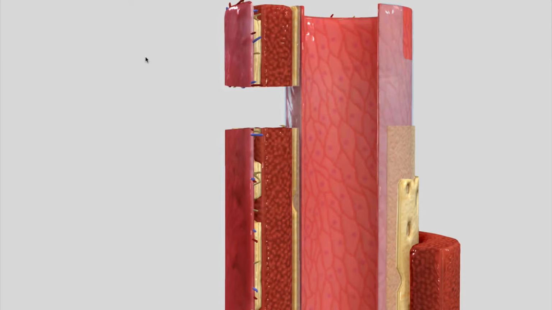tissues of the brain, and that has its consequences because, one, it creates a lot of pressure in the brain, which is bad, and two, less blood will go to the brain.